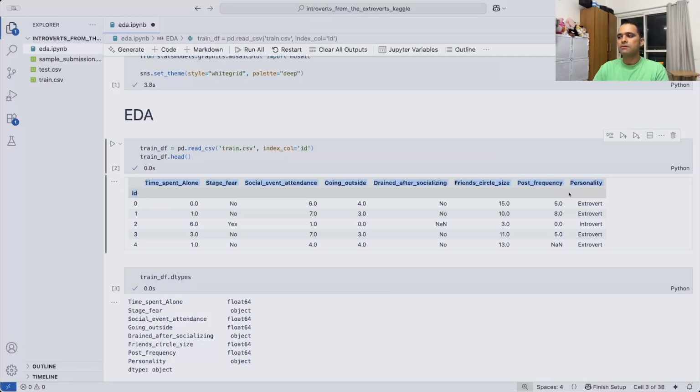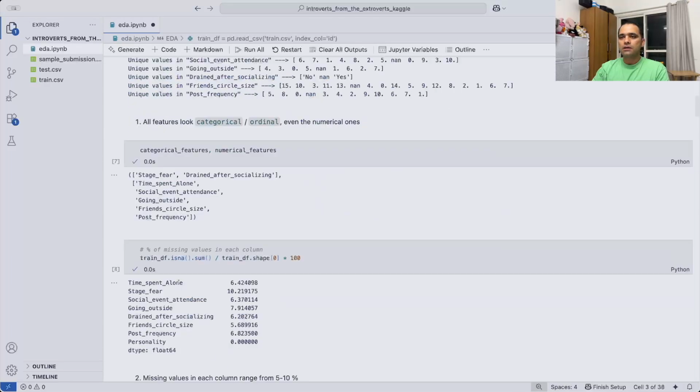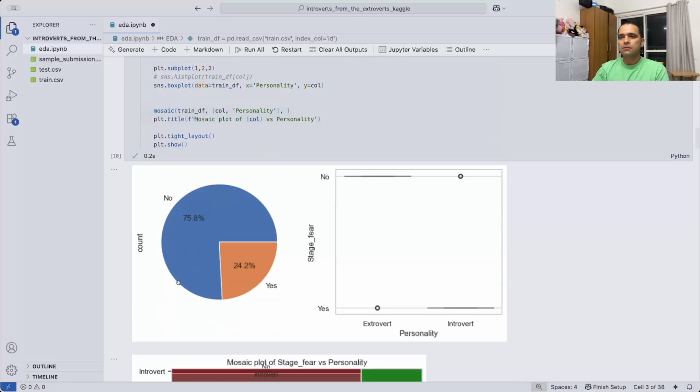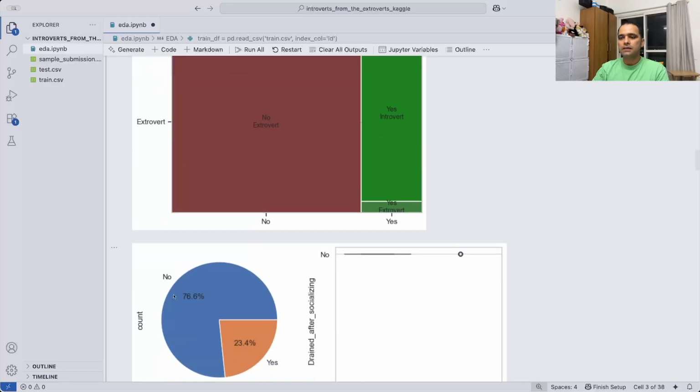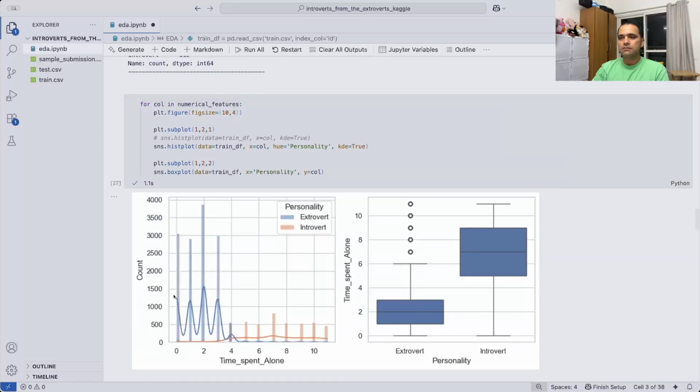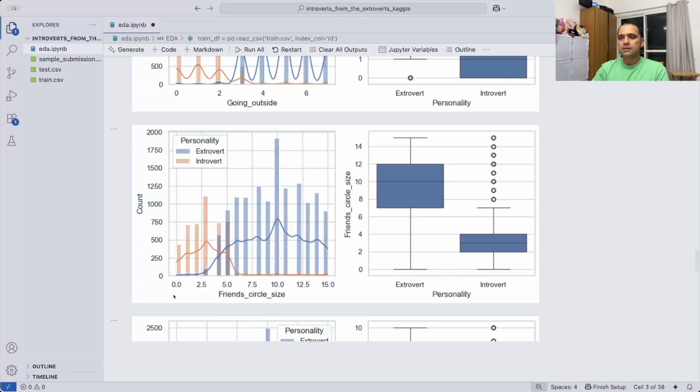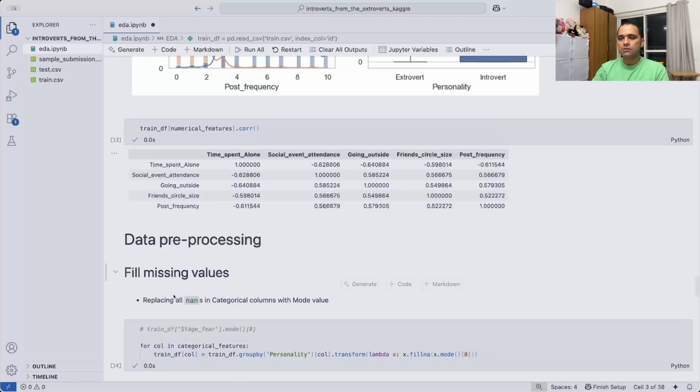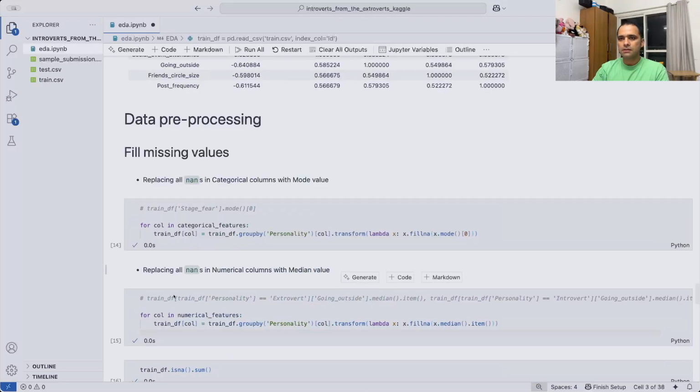This data is from a Kaggle competition, and mostly all the features here are categorical or ordinal in nature. With these features we have to predict whether the person is an extrovert or an introvert. I've done quite a bit of exploration on the data and also some pre-processing, which I'll go through once I have completed the model.